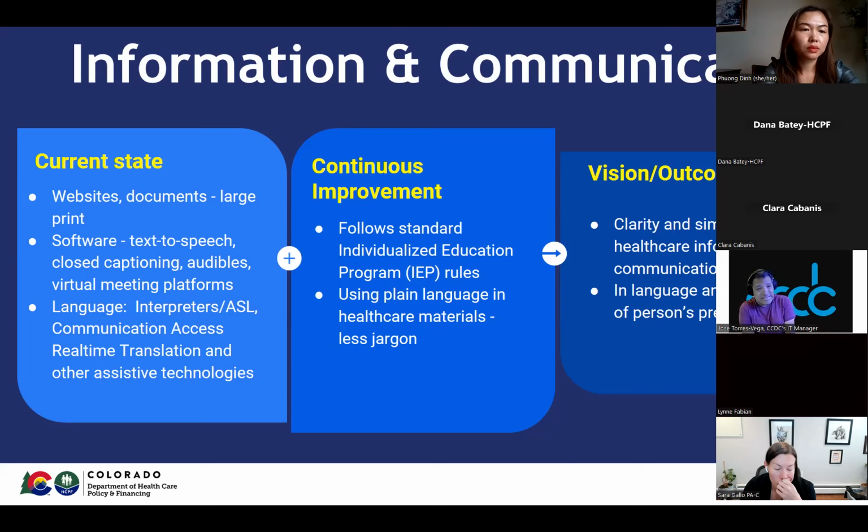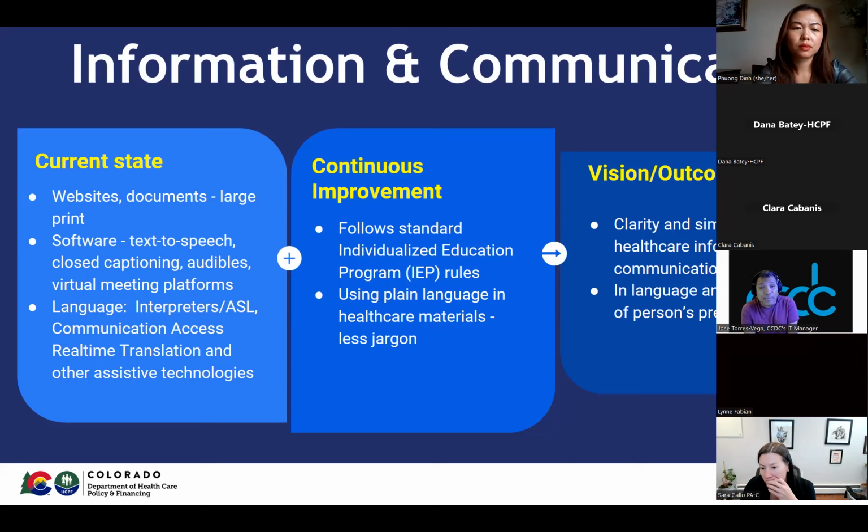Using plain language is another example. When we talk about healthcare and healthcare materials, we use a lot of jargon. We're used to it. The ones who work like us in the field, we're used to it, but that doesn't mean that everybody understands. So that could be improved.